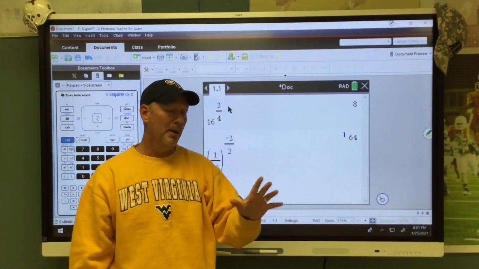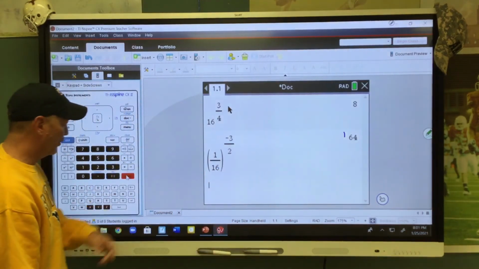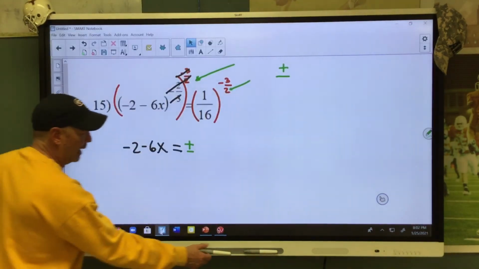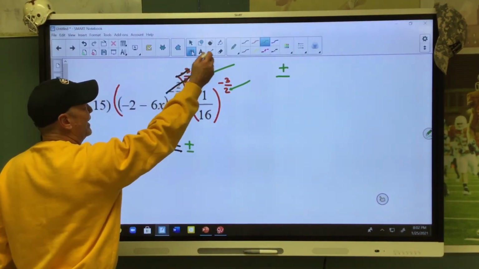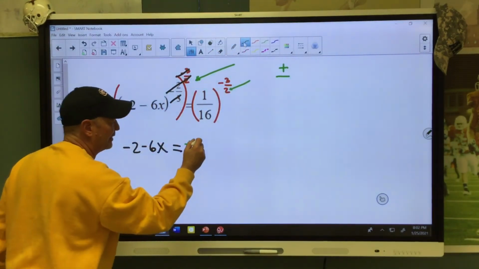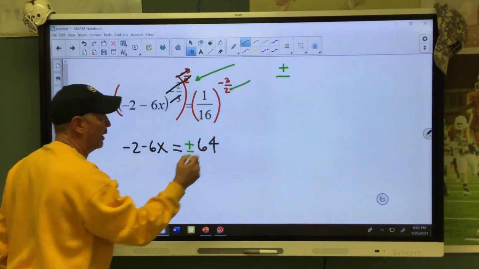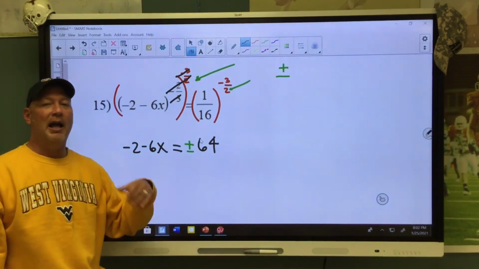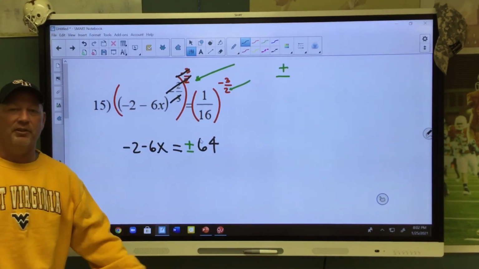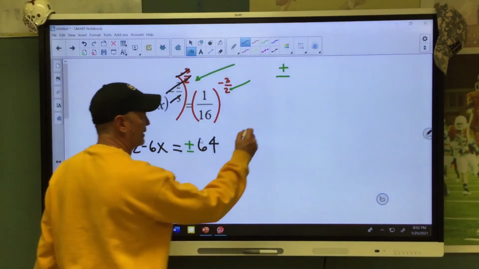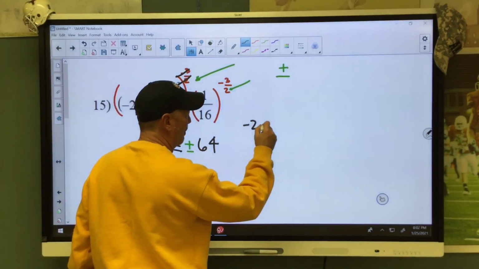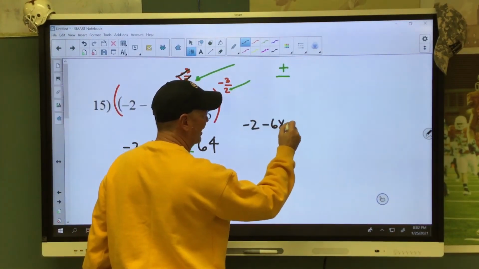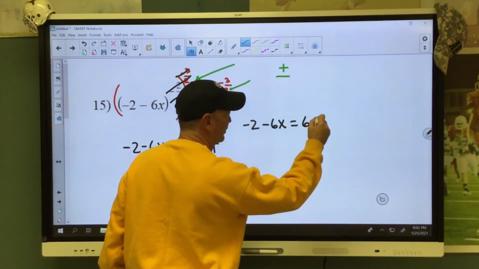But remember, plus minus. So this is going to give me a positive negative 64. Now I need you to work it as a positive 64. I need you to work it as a negative 64. So we're going to say negative 2 minus 6x equals a positive 64.